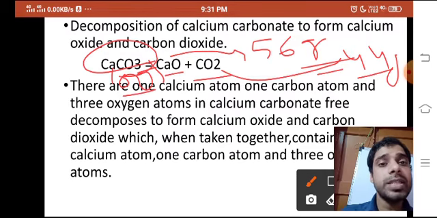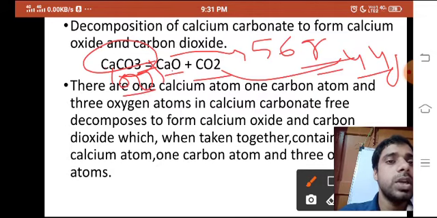And also you can see one calcium, one carbon, three oxygen. In the previous video I discussed that. On the product side, one calcium, three oxygen, one carbon, so that is also equal. So that is the explanation of the conservation of mass. Neither mass will be destroyed, nor will the atoms of the reactant and atoms of the product be destroyed.